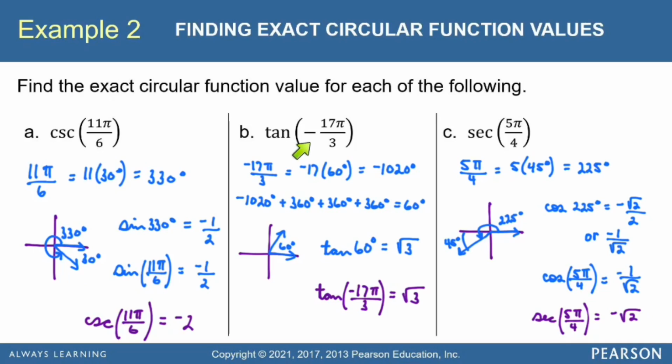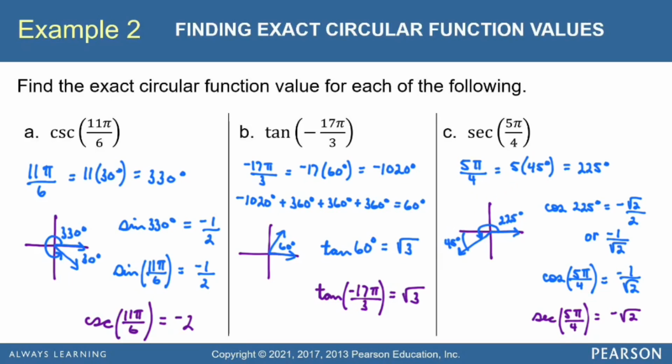The same thing happened in part B. The original angle in radians was negative 17 pi over 3. Well, the degree equivalent for pi over 3 is 60 degrees, and 60 degrees was the reference angle. And then again on part C, we had 5 pi over 4 as our original angle in radians, and the degree equivalent for pi over 4 is 45 degrees, and that turned out to be our reference angle.